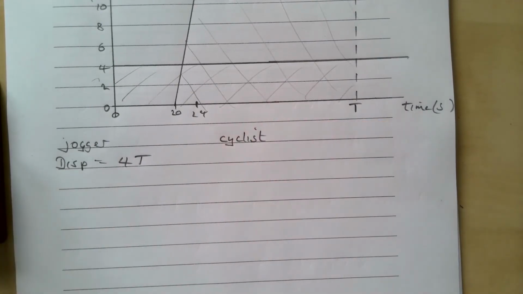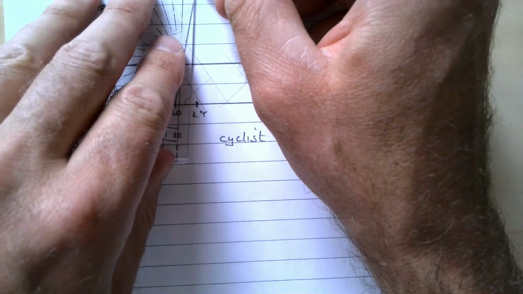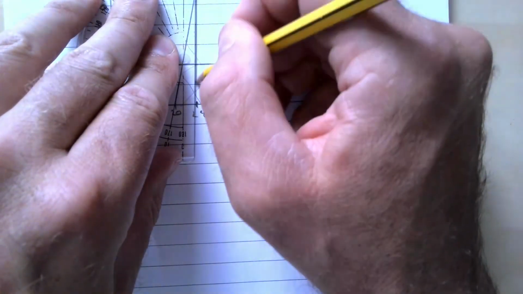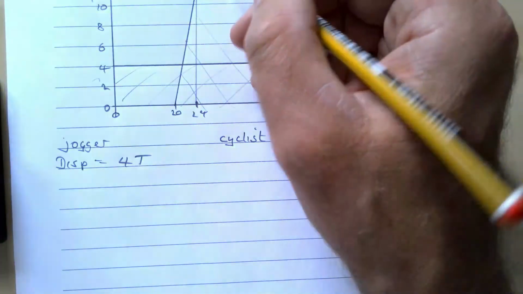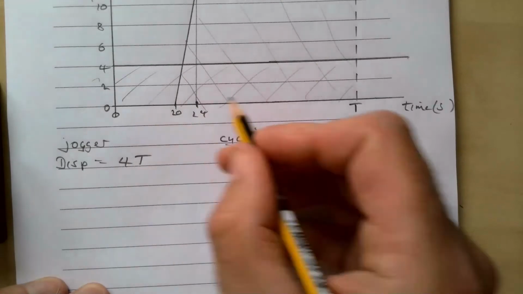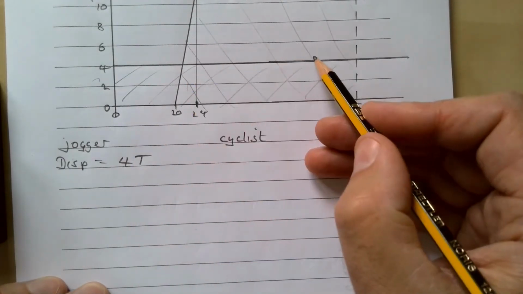So what I'm going to try and work out here, let's do a diagram. We could do it as a trapezium. I'm not going to. I'm going to do it as a triangle and a, what do you call that, a rectangle. Okay, so let's see. The cyclist is going to have travelled the area of this plus the area of this.